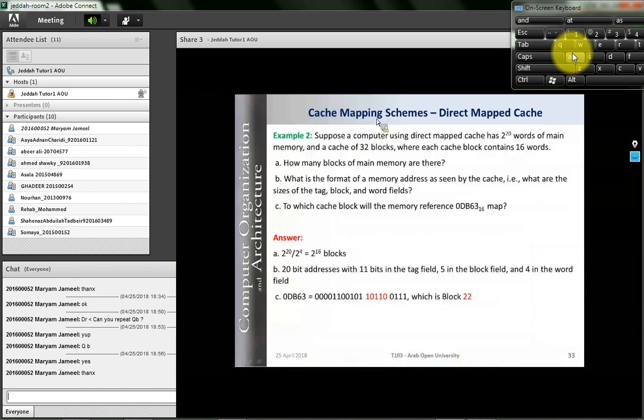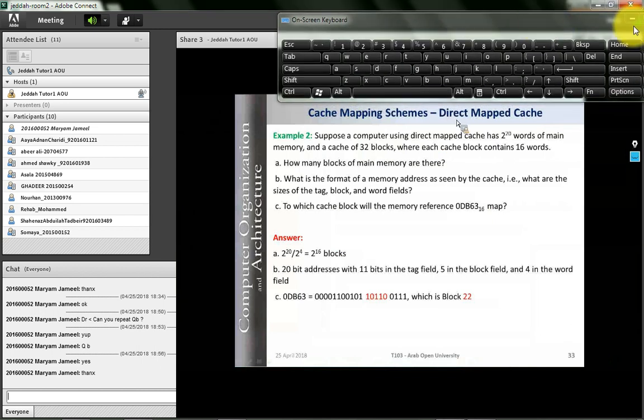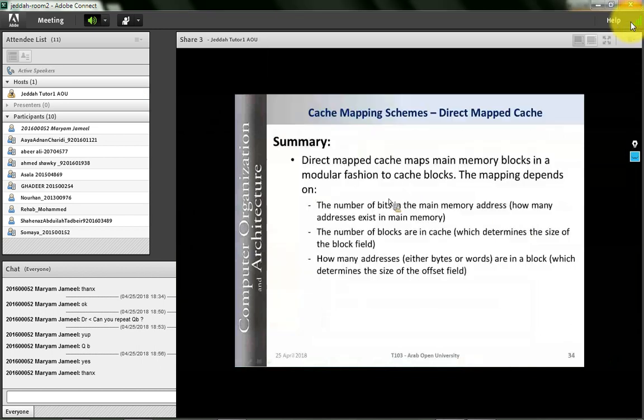Now we are done with the first cache mapping scheme, which is the direct mapping scheme. If we summarize, the direct mapped cache maps the main memory block in modular fashion to the cache block.